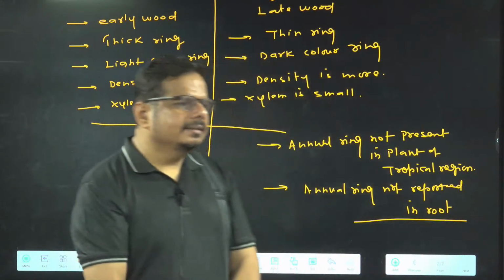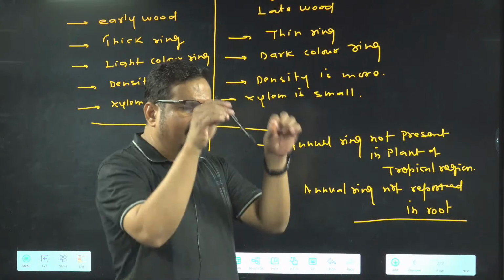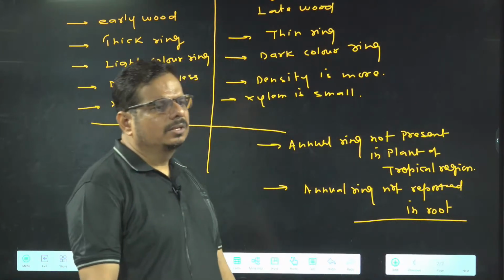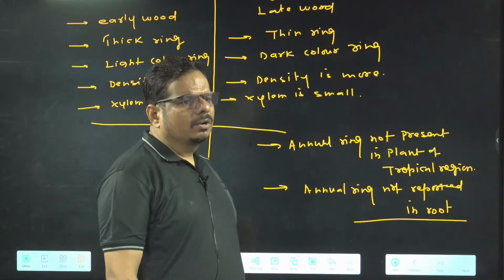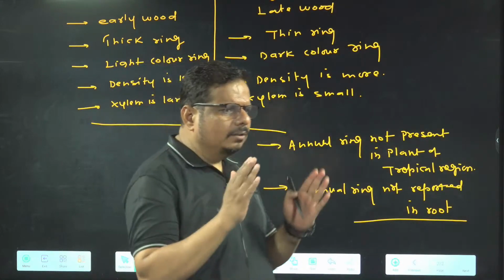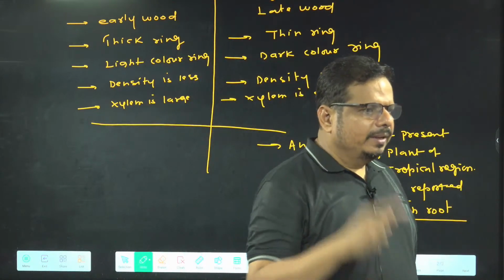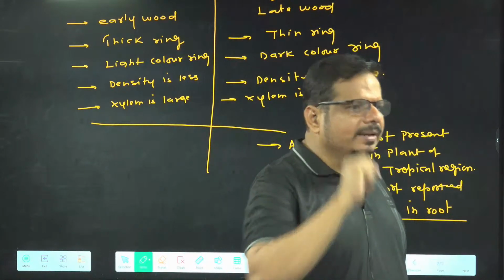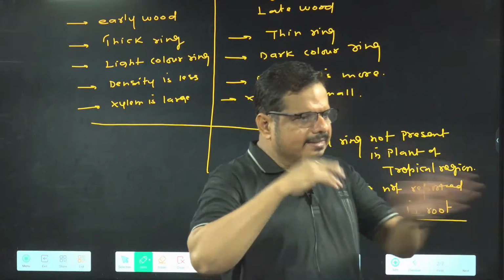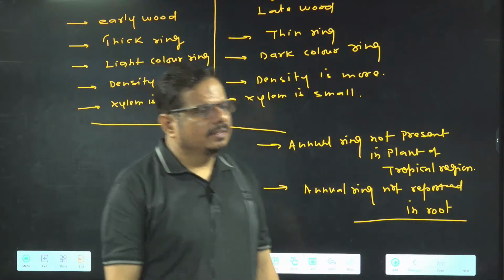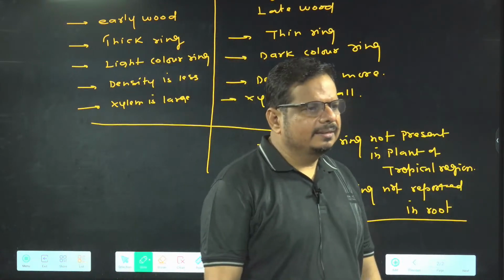So annual ring is a result of seasonal variation, and under the soil, seasonal variations are absent. That is the reason annual rings are not reported in root. Even plants that grow near the coastal area, near the sea, temperature variation is not there, na? A drastic change in temperature never occurs. So there also we do not find annual rings in the plant. Is it clear in the mind?